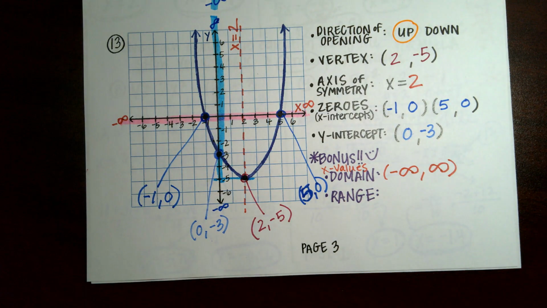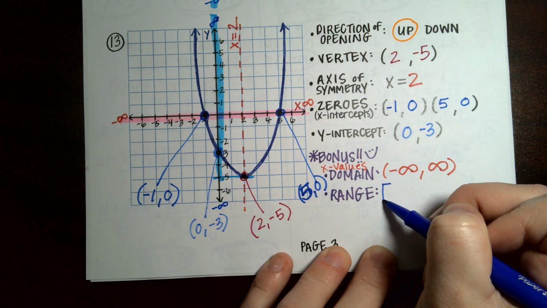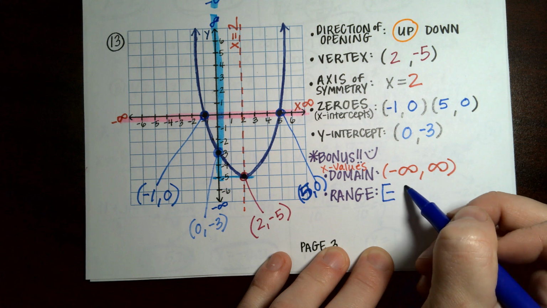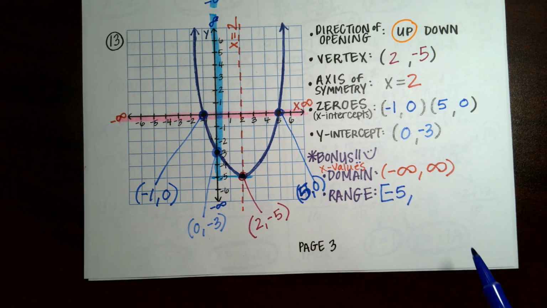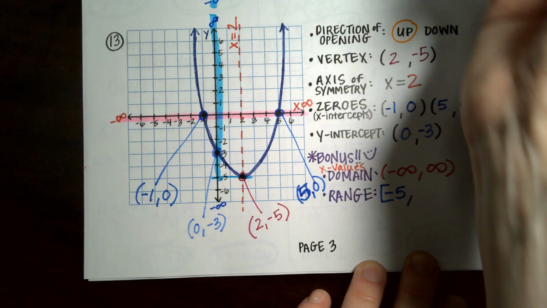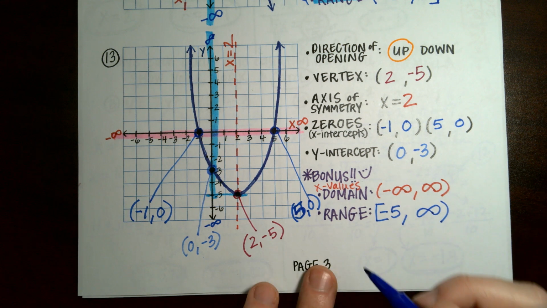We start with the smaller value, so I'm going to write it with a bracket. Our numbers go in a bracket. -5, comma. What would the second thing we write be? Infinity. It goes on forever. There you go.